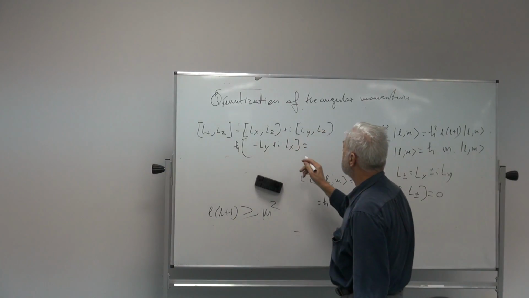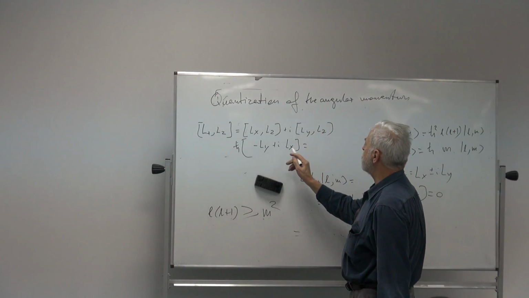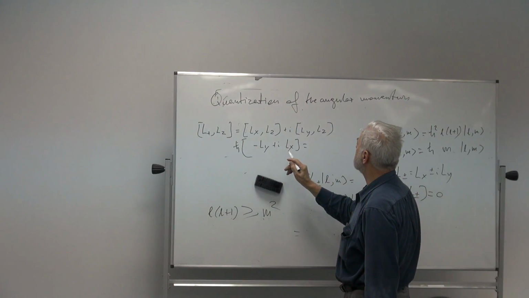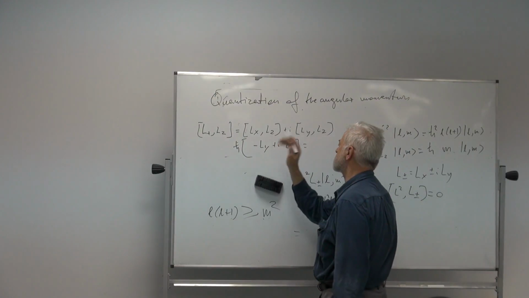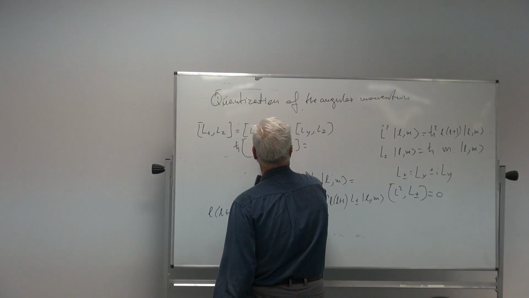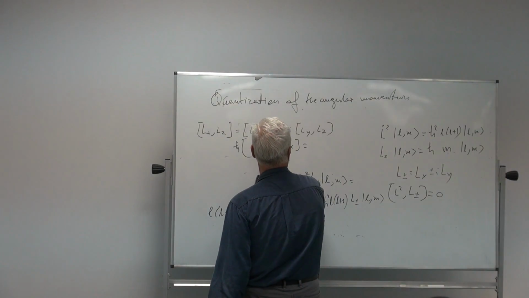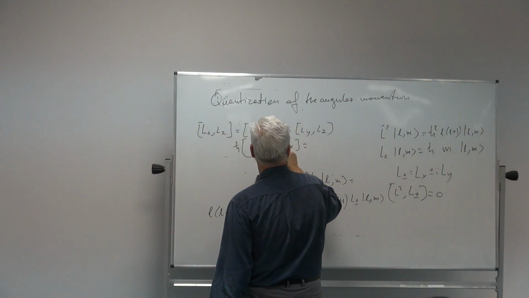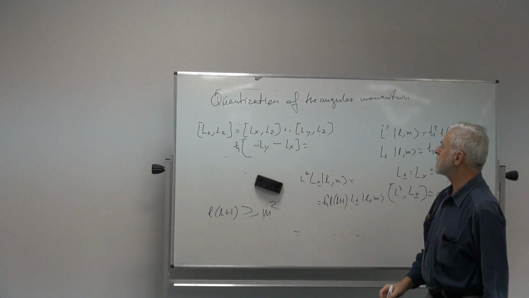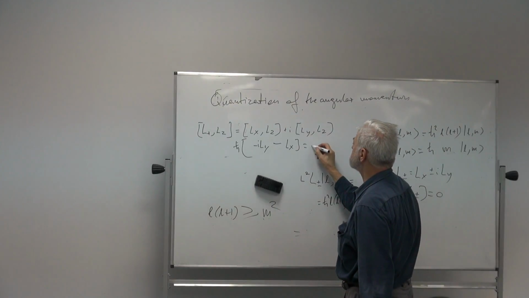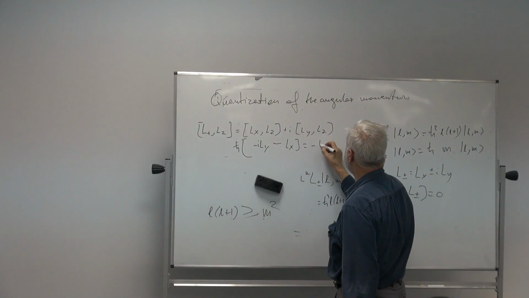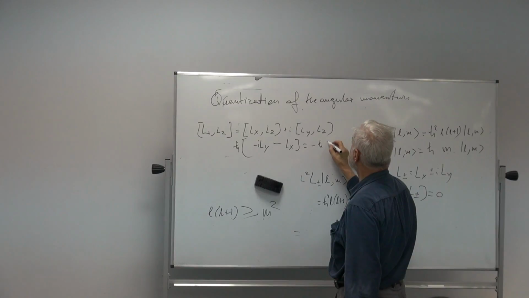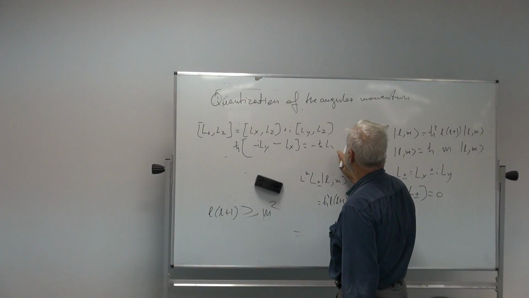What does it mean? If I pull out, always multiply by I. Yes. I here, and here is minus, yes? Right? Is that correct now? Good. So this is minus h bar times L plus.